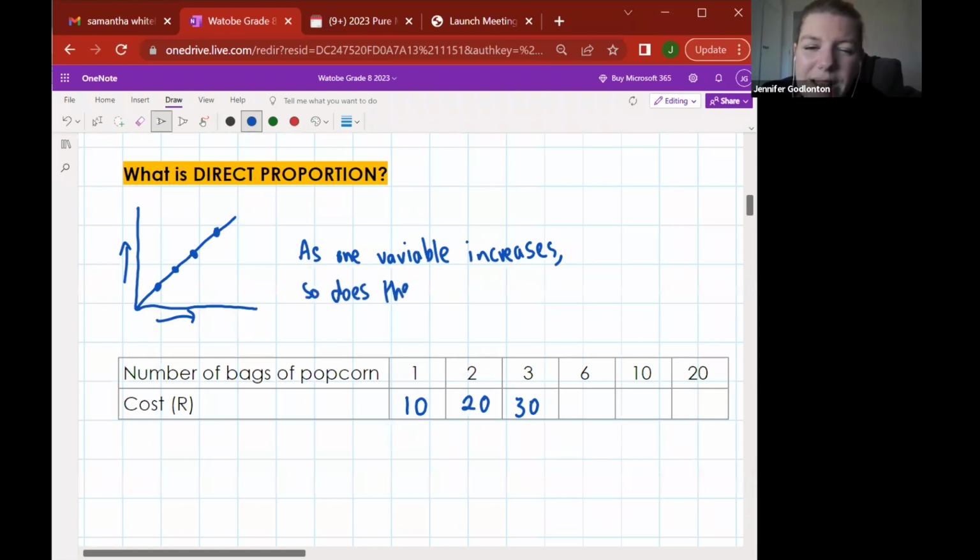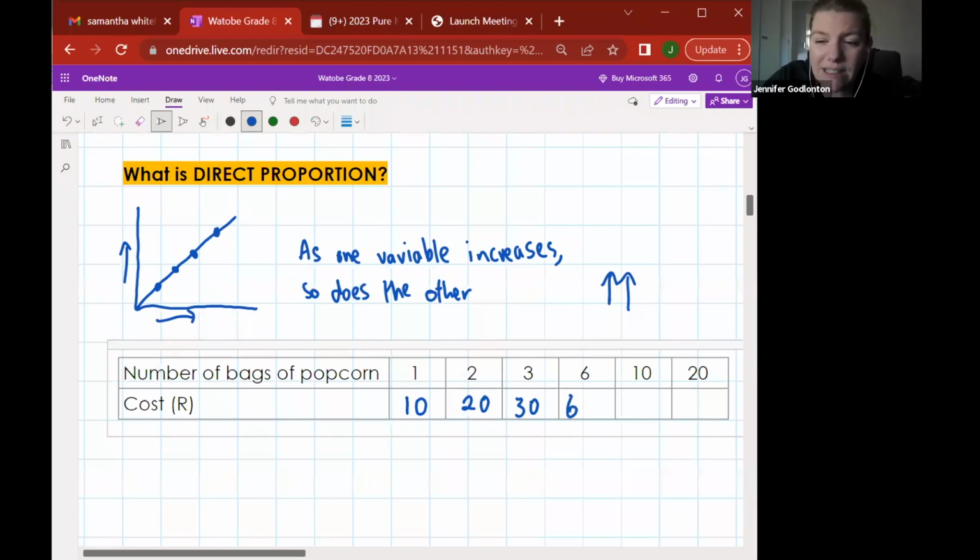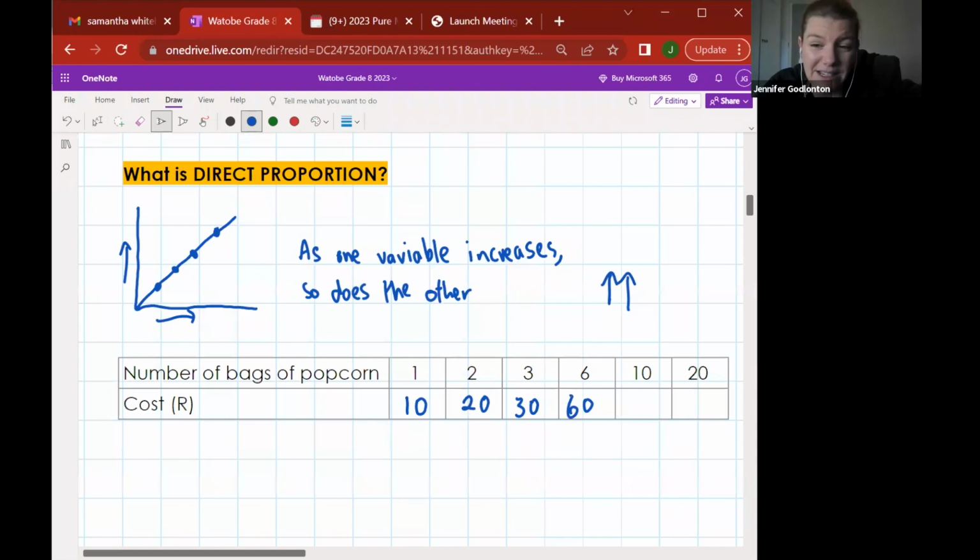So this is obviously not a very fancy mathematical definition. I'm just writing it there because it's an easy way for us to remember it. Basically, as one variable increases, so does the other. As one of our variables increases, the other one is also increasing, and it increases at the same rate. So that beautiful answer in the chat, that's going to be 60 Rand.